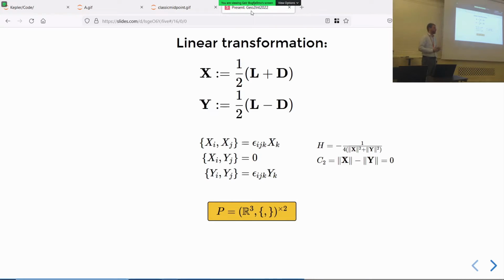So I could have C2 equals 0, which means that if I go back to the spin and Laplace-Runge-Lenz vector, this is just encoding that they are orthogonal.